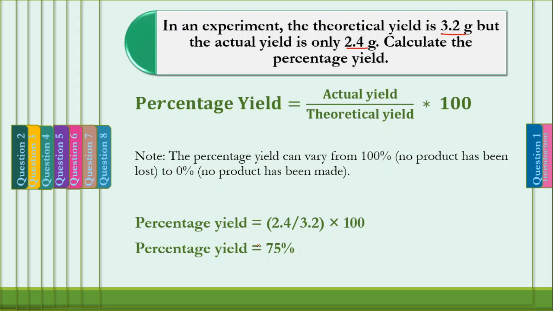So to find percentage yield, actual yield is 2.4, you only could make this while you were supposed to make 3.2. So just divide 2.4 by 3.2 into 100, and that gives you 75%. So for this reaction the percentage yield is 75%.